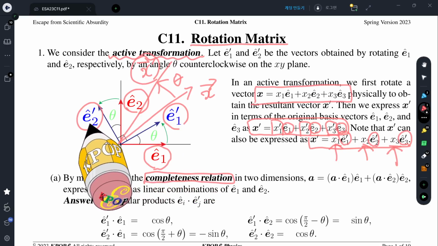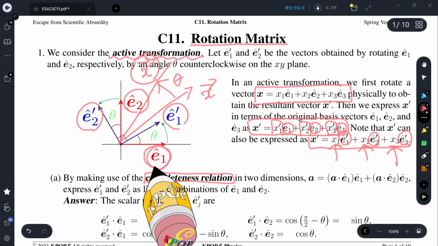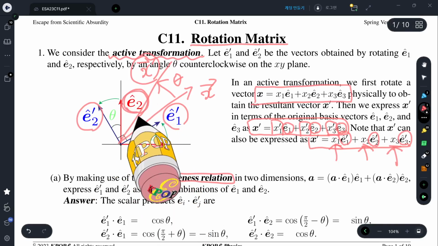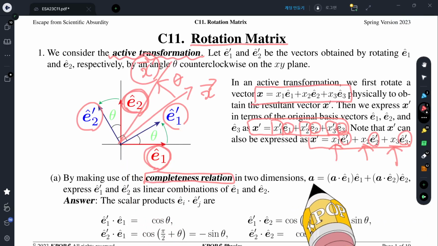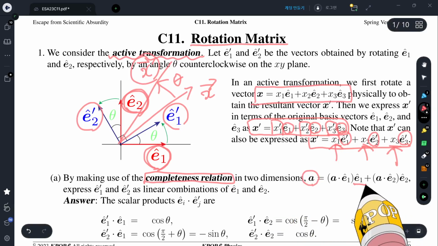Our strategy is to keep the original basis set the same before and after the transformation. So we would like to express any arbitrary vector as a linear combination of E1 and E2.